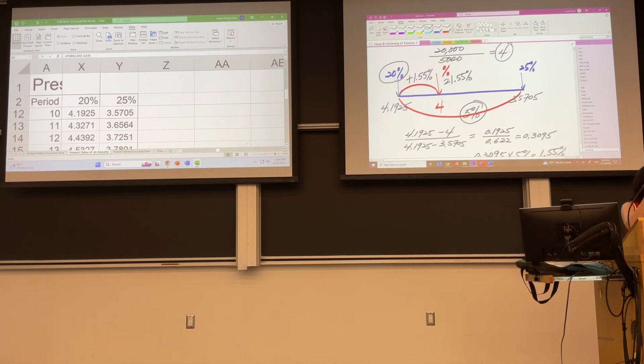It's not absolutely accurate, but it's close enough. If we use the interest rate 21.55%, then the whole thing will become 0. So it's much greater than the required rate of return, which is 14%. So this is how we calculate.